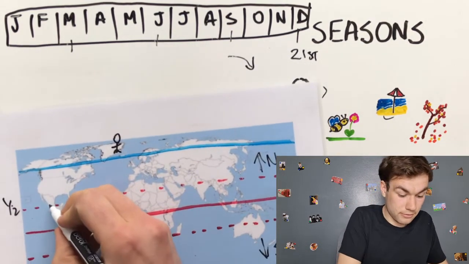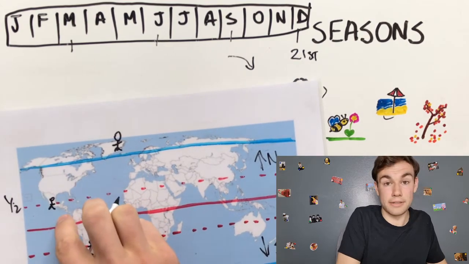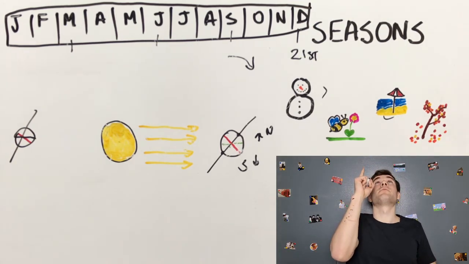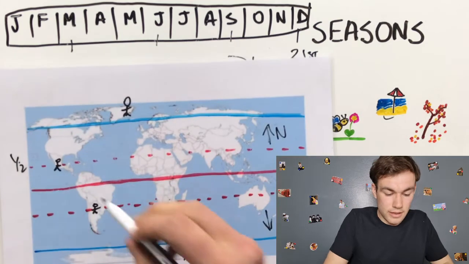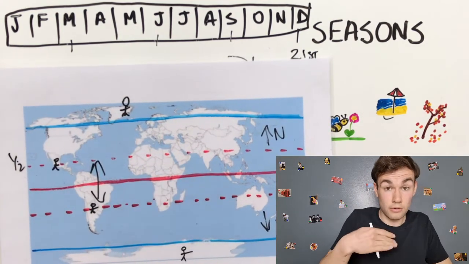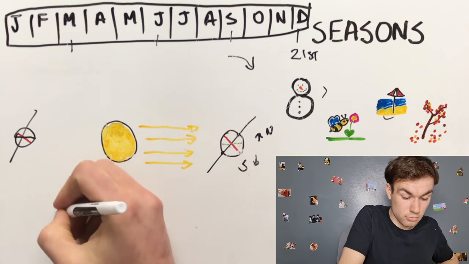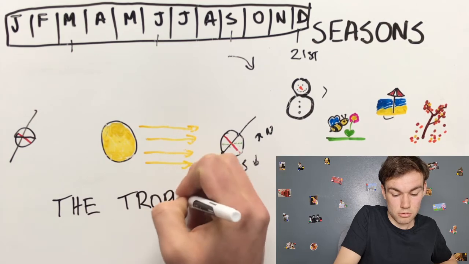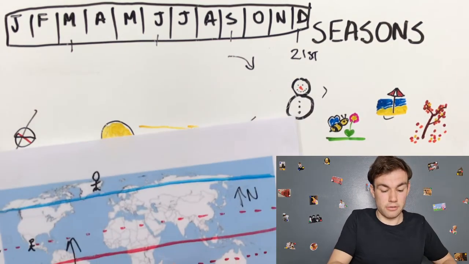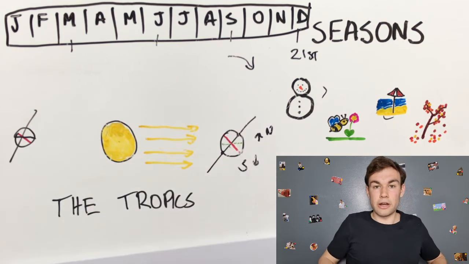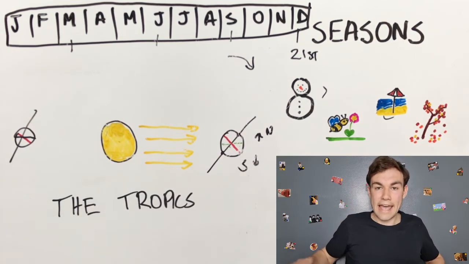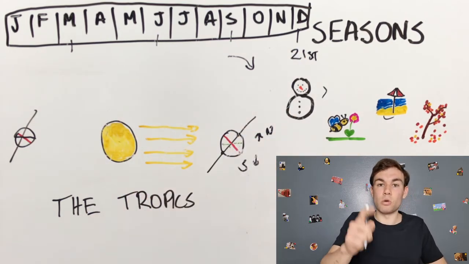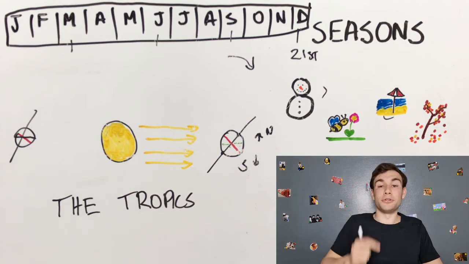If you are here in Mexico, the sun will be directly above your head. So, this area, which we call the Tropics, within this area, between these two lines, there is at least one day every 12 months, every year, in which the sun will be directly above your head.